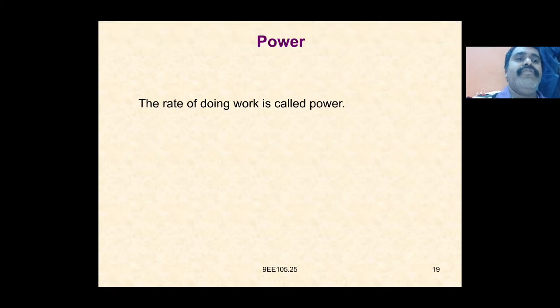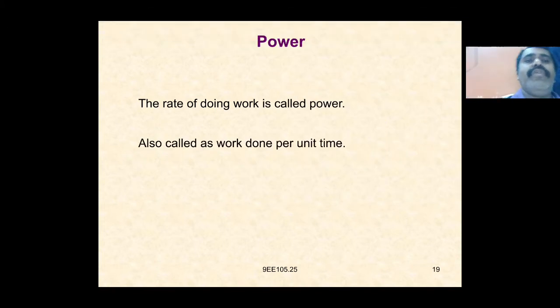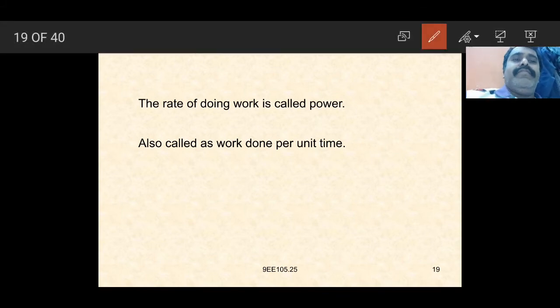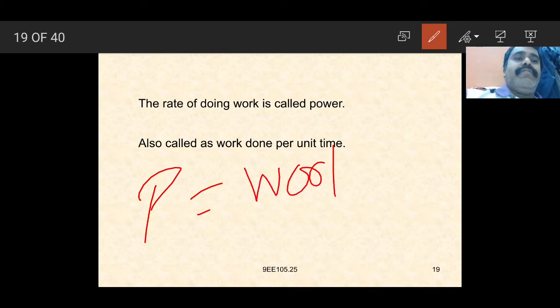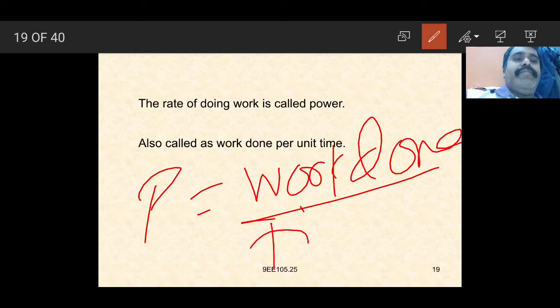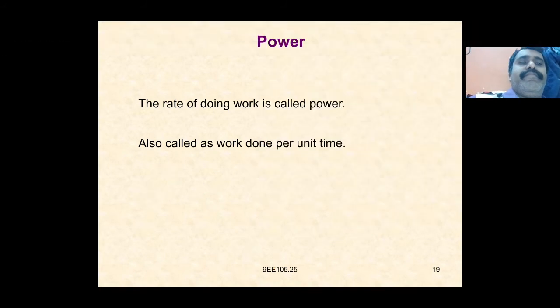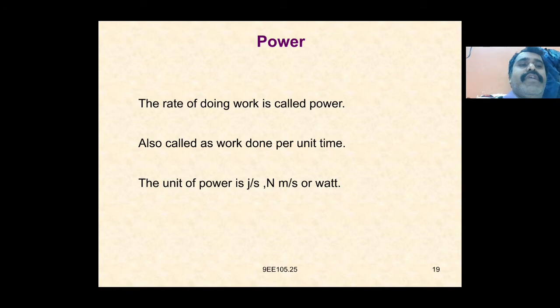It is also called work done per unit time, or work done by time taken. The unit of power is joules per second, Newton meter per second, or watt.